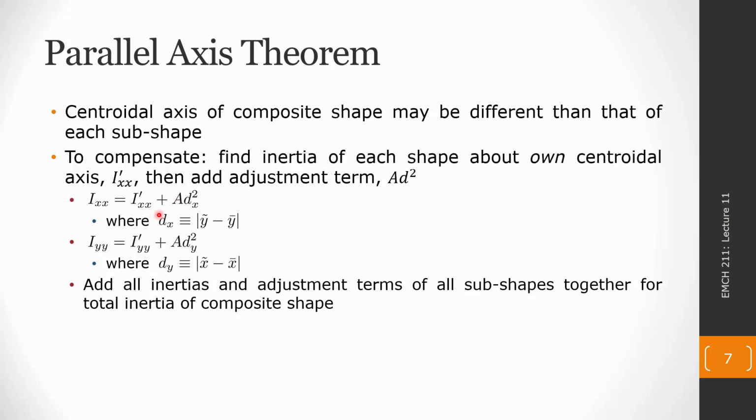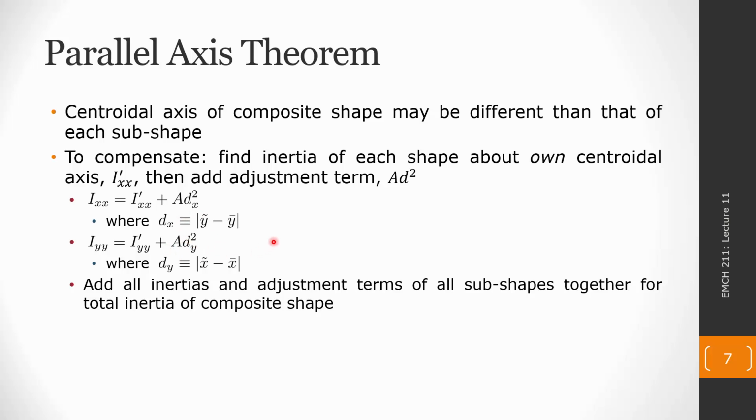So this is about its own centroidal axis. To find how much it resists about the centroidal axis of the composite shape, we have to add to that measure this A d_x squared. And it's going to be the same idea if we're looking at the moment of inertia about that vertical centroidal axis. We're going to calculate it about its own vertical centroidal axis, and make an adjustment, this A d_y squared term.